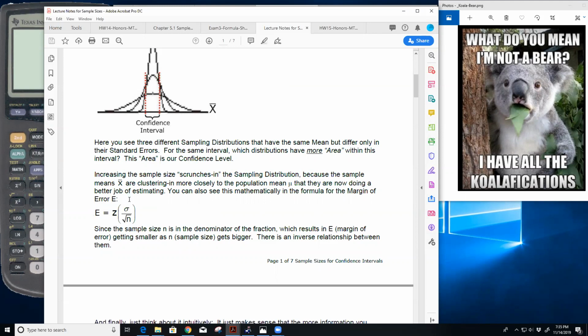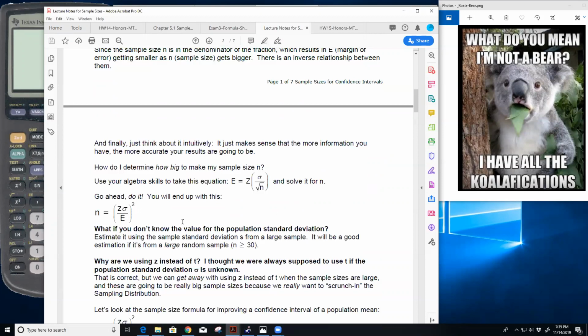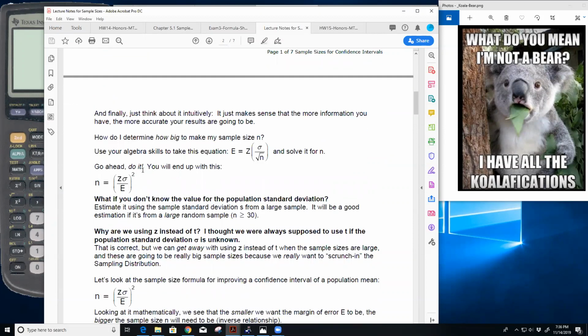But the idea is that you would be given these three things, and based on those, you could calculate what your sample size needs to be. We just got to use the algebra, but that's okay. That's a prerequisite for this class. You could use algebra to solve that for n, and if you did, you'd end up with this formula.